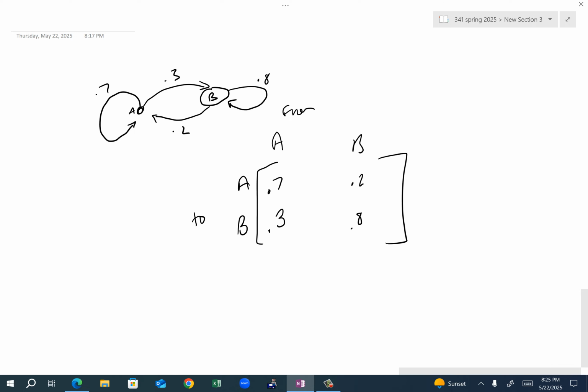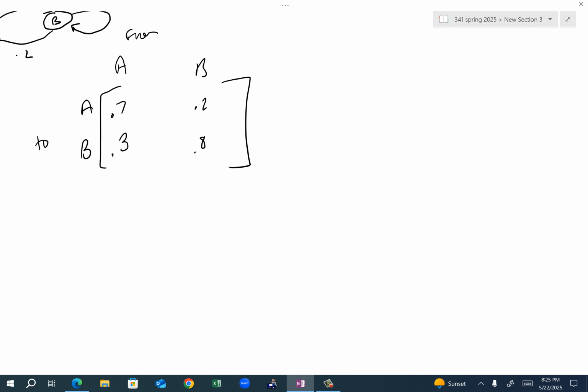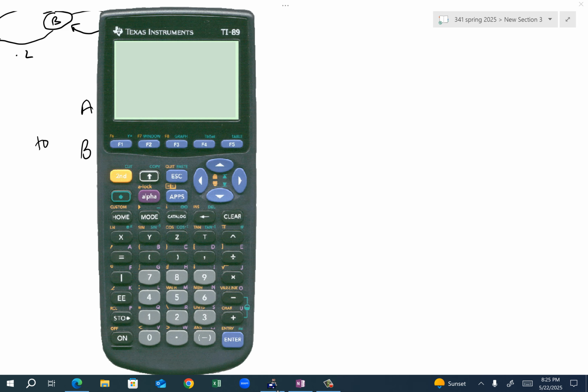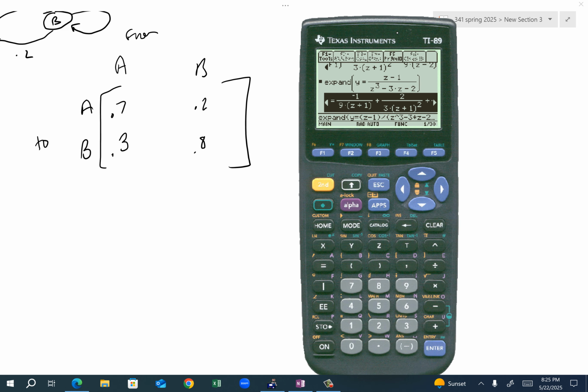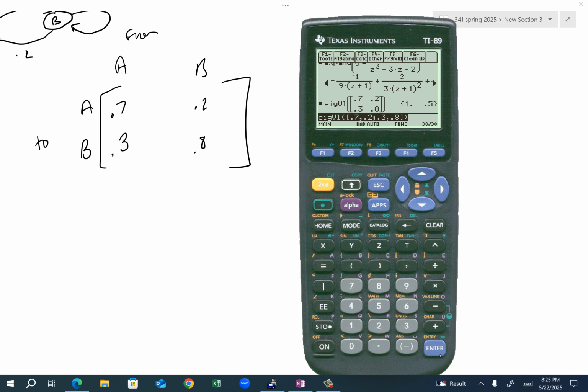Now, something to think about is this. Whenever you do a Markov matrix, if you were to find its eigenvalues, with 0.7, 0.2, and 0.3, 0.8, you get 1 and 0.5.